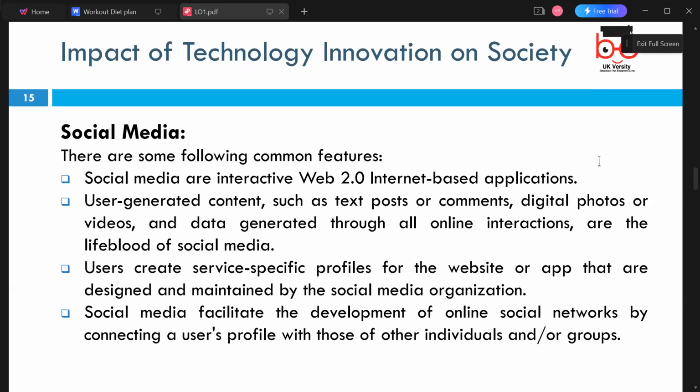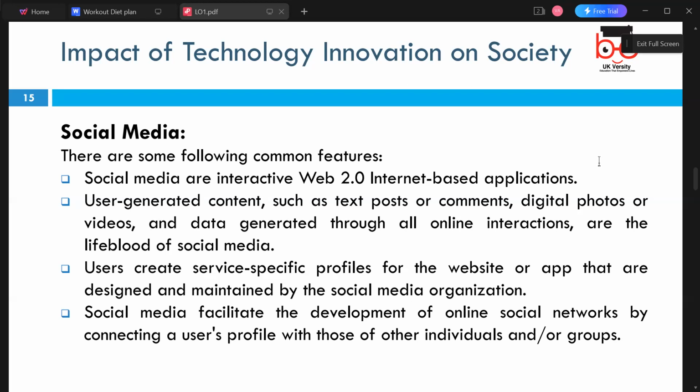Social media, interactive Web 2.0, is an internet-based application. This application allows us to interact with each other. The way these social media applications are built, they have a database, they have APIs, and they also have a graphical user interface.